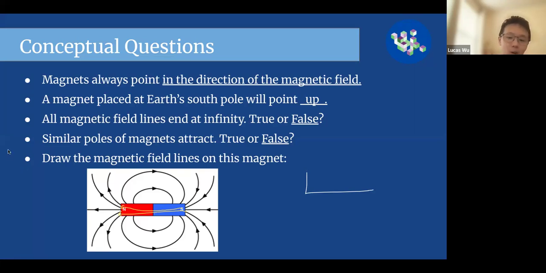For example, I have a magnet, and it consists of a North and a South Pole. On the magnet they might paint this part red and say that's the north pole, and paint this part blue and say that's the south pole.